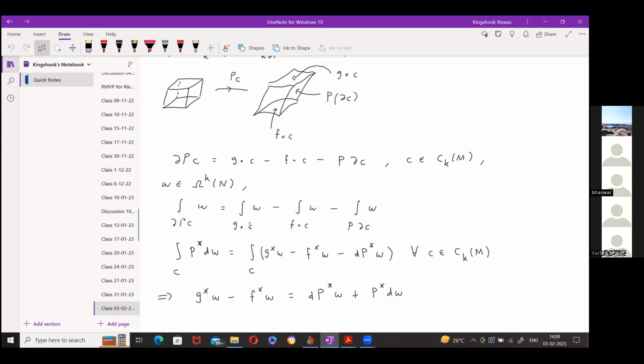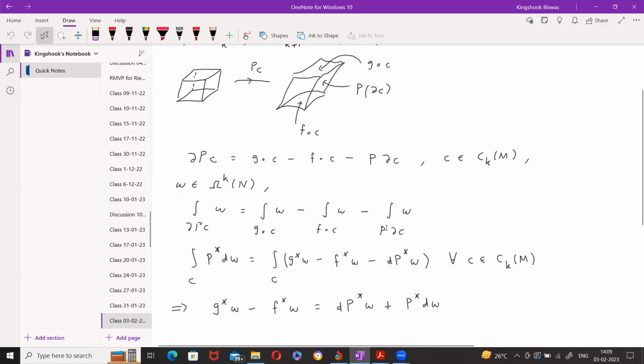Okay. So this becomes the integral of G star omega over C minus F star omega over C. And this integral of omega over P of del C, again, this becomes the integral of first P star omega over del C, and then again by Stokes, the integral of d P star omega over C.